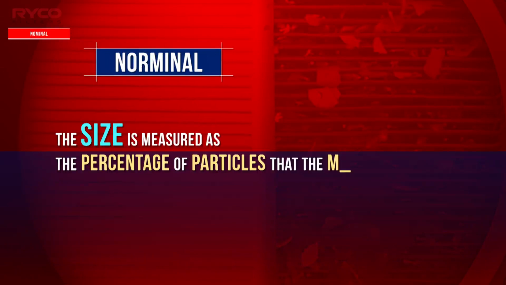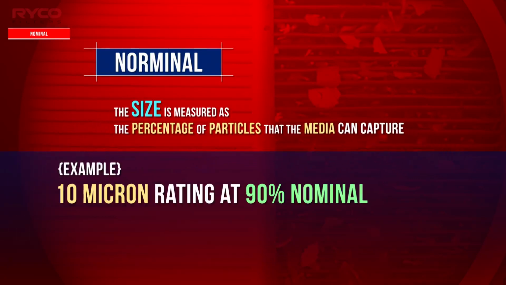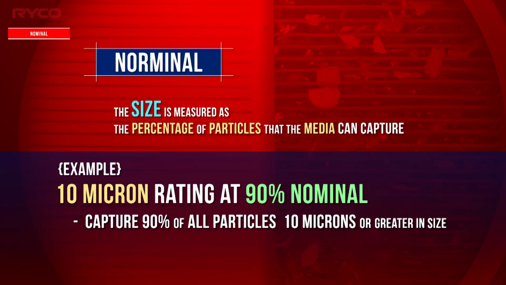A nominal rating means the size is measured as the percentage of particles at a given size that the media can capture. In real terms, we could say that a media with a 10 micron rating at 90% nominal will capture 90% of all particles 10 microns or greater in size.